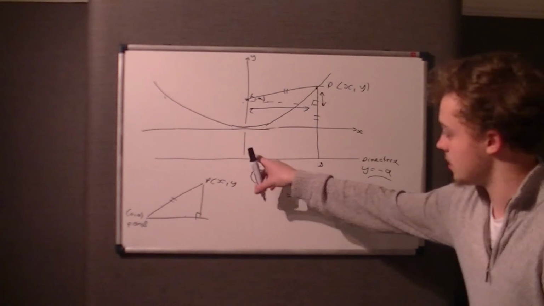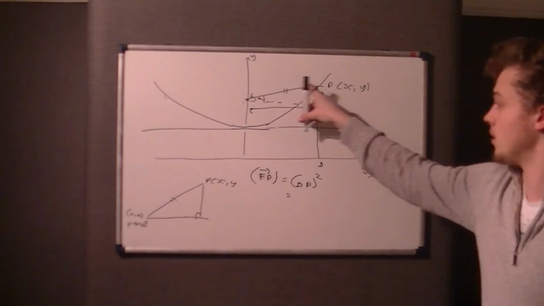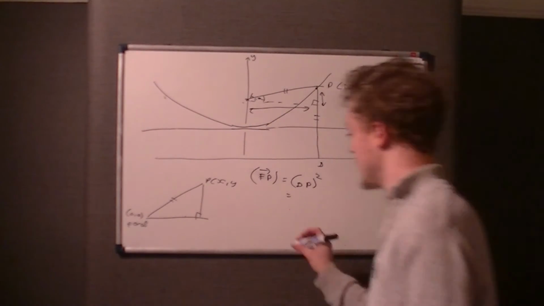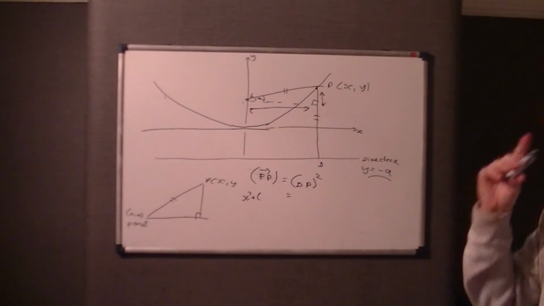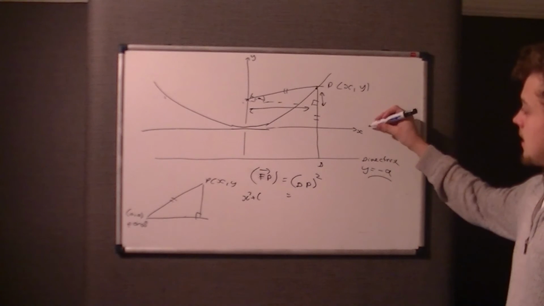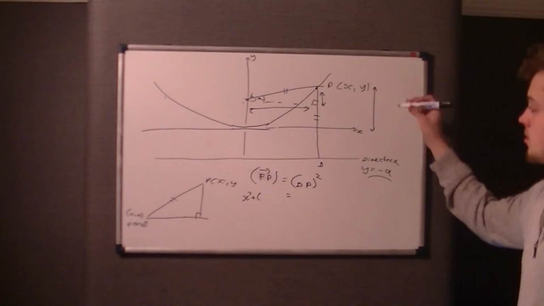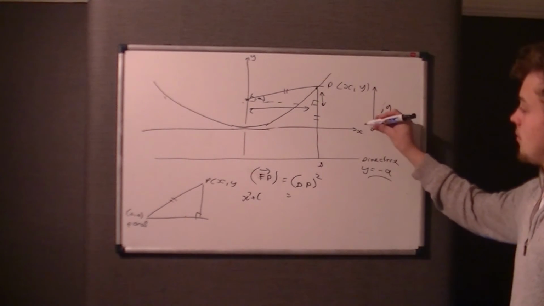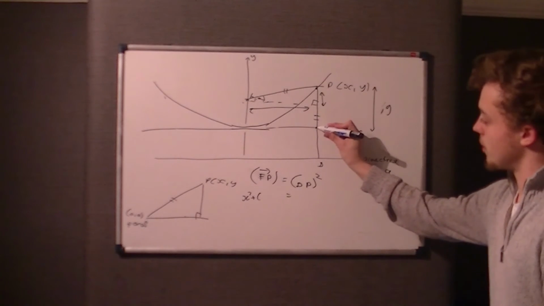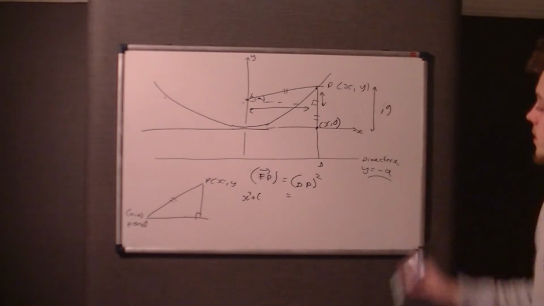So obviously the distance between the y-axis and P, well, it's 0, and x is x. So it's x squared plus, well, obviously the height from the x-axis to P is y, because we've got an increase from this point x, 0 to x, y, an increase in y.